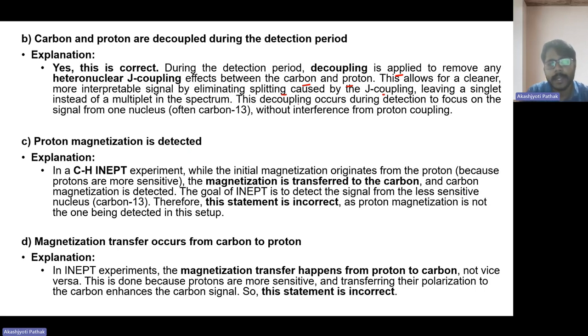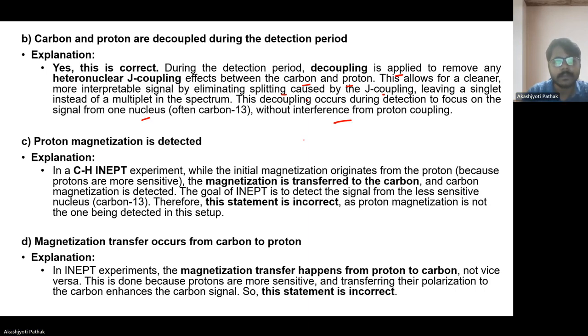That makes analysis and work much easier because of the removal of the multiplet J signal in the spectrum.